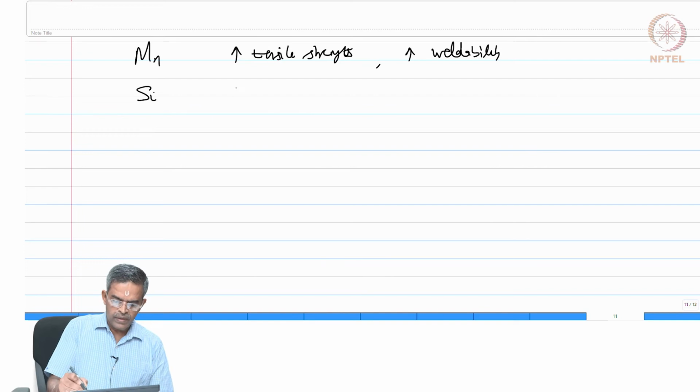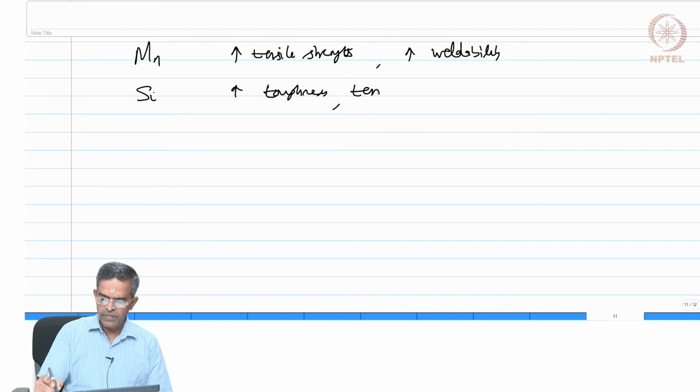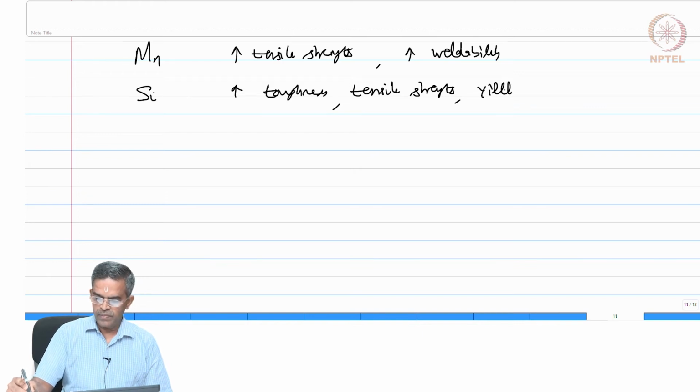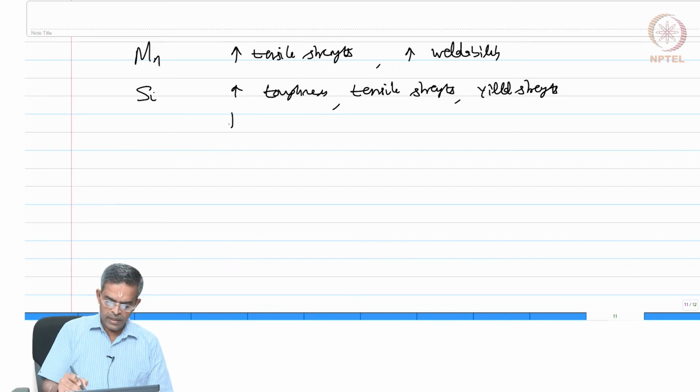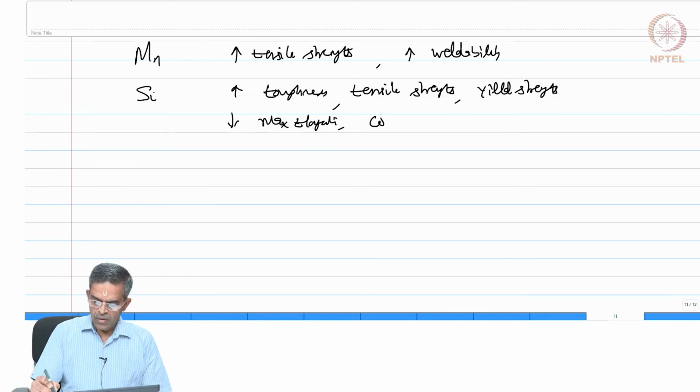Silicon increases toughness, tensile strength and yield strength, but it decreases the maximum elongation and cold form ductility.